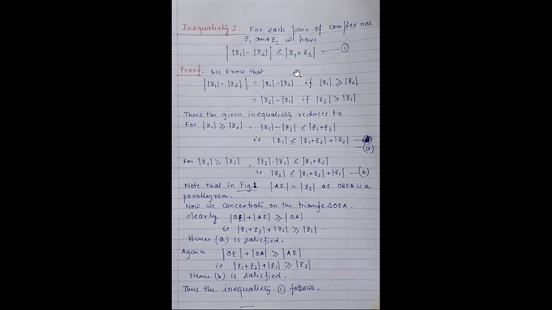Anyway, let's come back to the picture again. Before that, mod Z1 is a real number, mod Z2 is a real number. So subtraction of two real numbers gives a real number. This part is not a complex number; it is fully a real number.